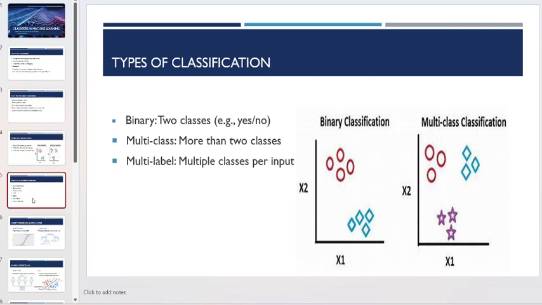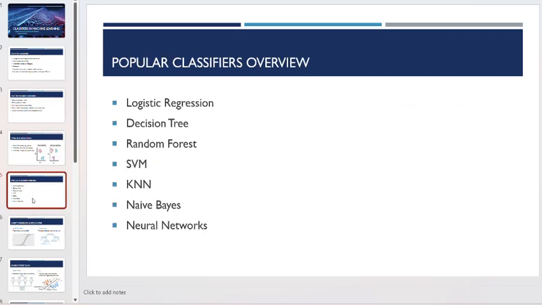And then popular classifiers overview. In this we have seven types of algorithms. First one is logistic regression. Logistic regression is very simple and very fast, and it is used for binary problems. And then decision tree.